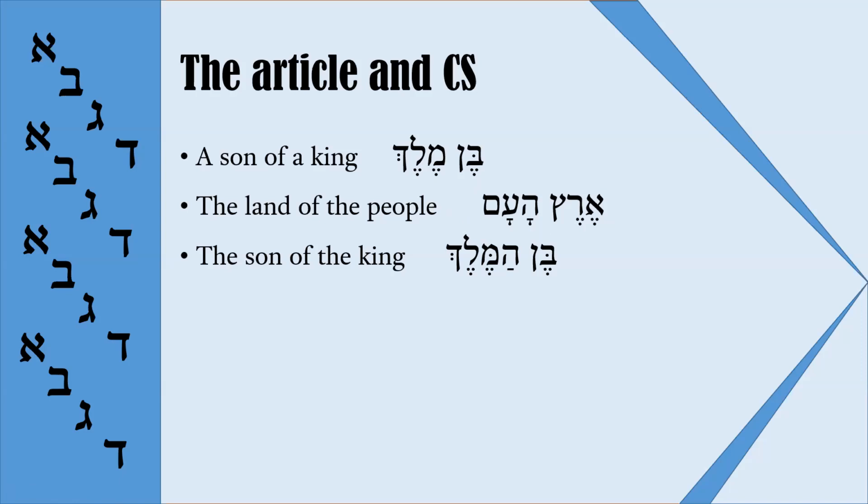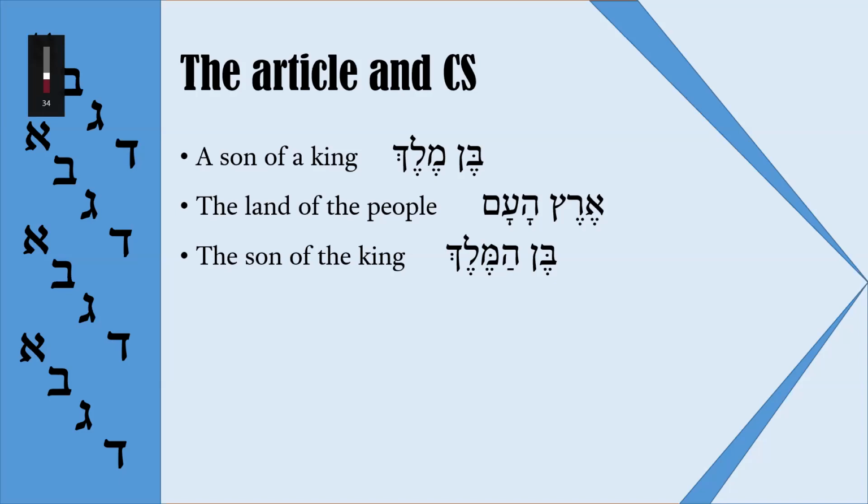The same is Ben HaMelech, the son of the king. So the whole construction is definite, and we cannot put an article before the noun in a construct state. So this one is clear, I hope. Yes? Sorry, Professor, I want to know, if I have to translate from English to Hebrew, a son of the king, how do we do that?